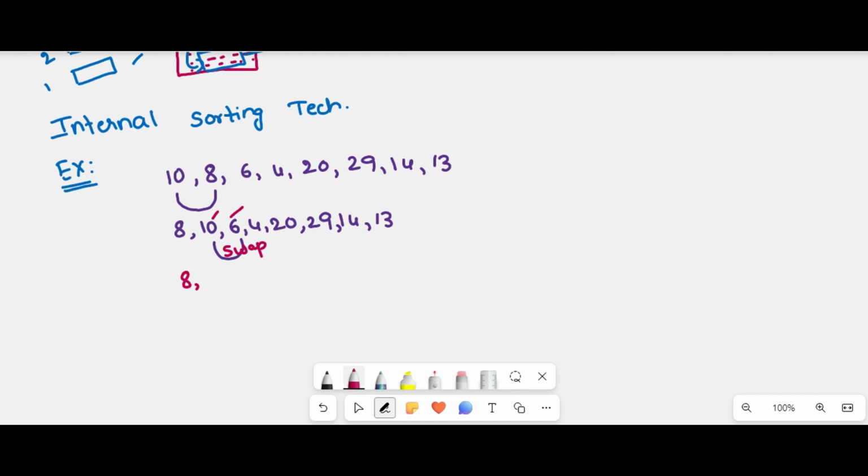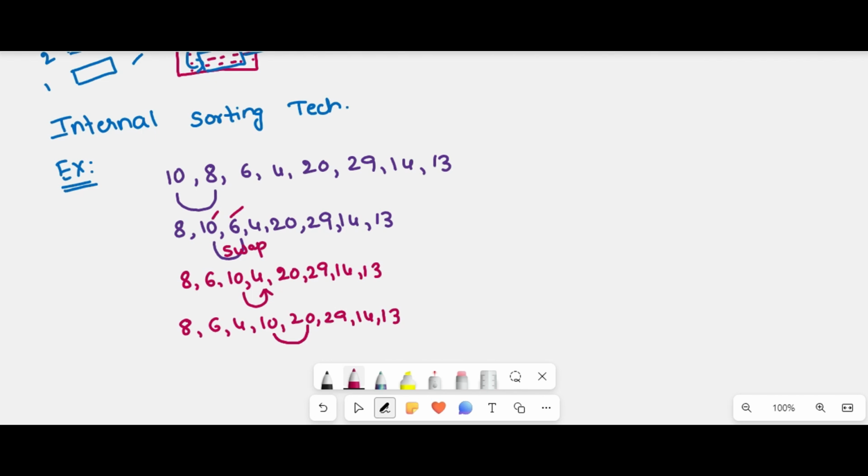After swapping we have 8, 6, 10, 4, with the remaining elements as they are: 20, 29, 14, 13. Next compare 10 and 4. These are also not in proper order, so we get 8, 6, 4, 10, 20, 29, 14, 13.